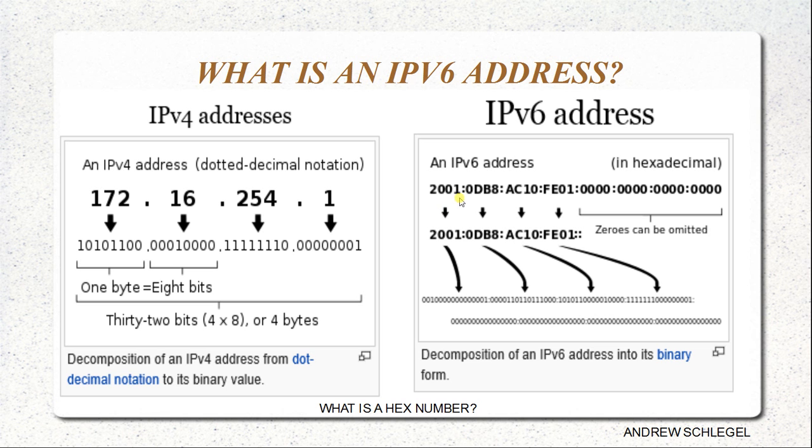And each hextet has 4 hexadecimal numbers in it. Now, a hexadecimal number has 16 values, so it takes 4 bits to represent one hexadecimal number, so each hextet has 16 bits. And 16 times 8 hextets is 128 bits.